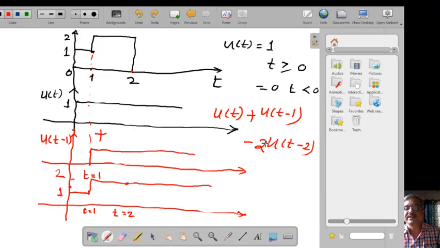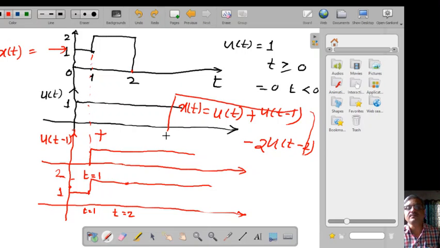From this I am subtracting this. So from this I will get whatever the required signal. And therefore my x of t signal, which is this, can be expressed mathematically by this mathematical equation. Thus, making use of the unit step signal, I can define this signal. Let's take one more example.